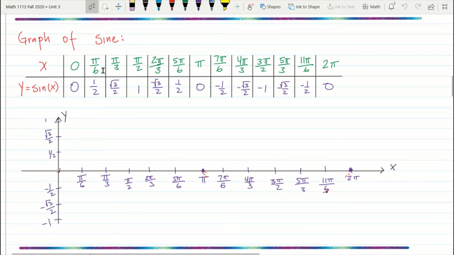Sine at pi over 6 is 1/2. Sine at pi over 3 is the square root of 3 over 2, and so on, right? So what we have left to do is just plug in those values and see what we get. So (0, 0) is right here.